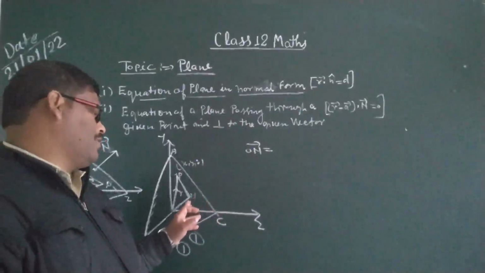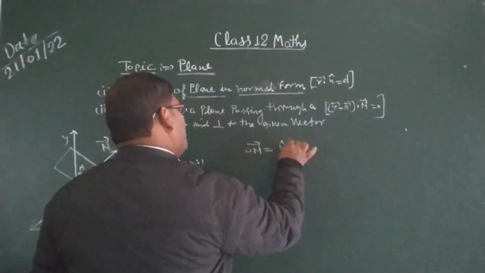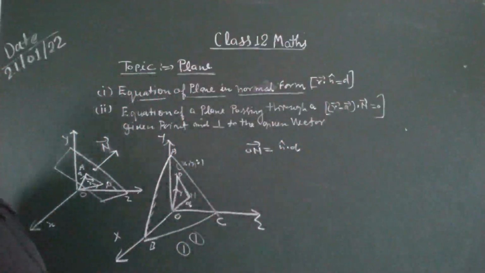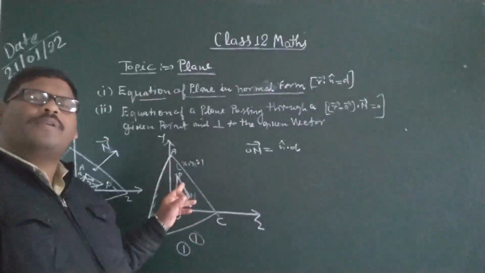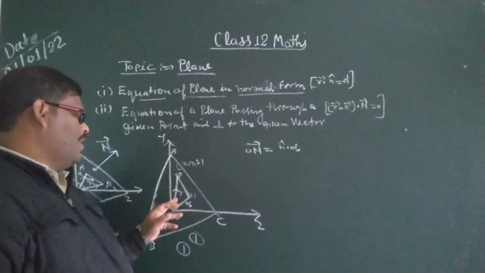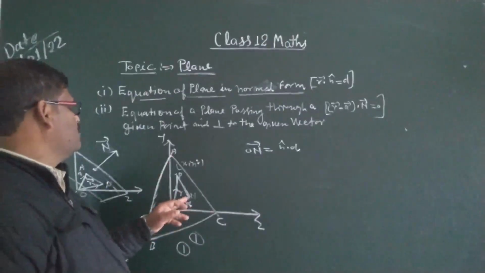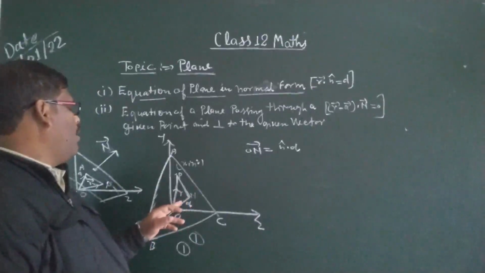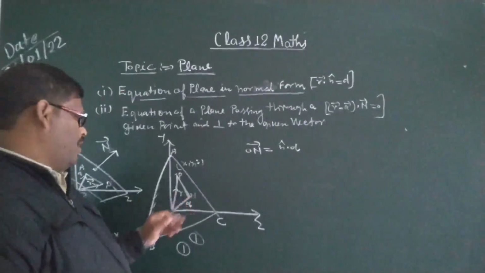Therefore, vector ON is equal to n cap multiplied by d. Now we find vector PN, where P is a variable point whose position vector is vector r, and ON is the perpendicular distance of the plane to the origin.